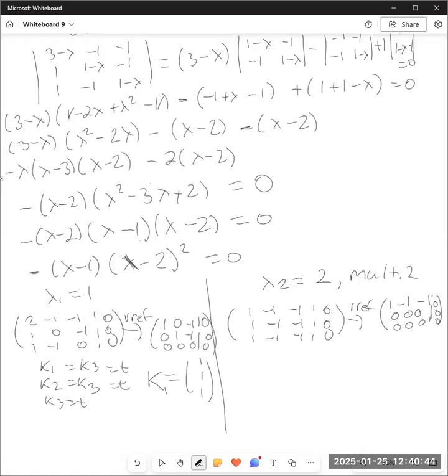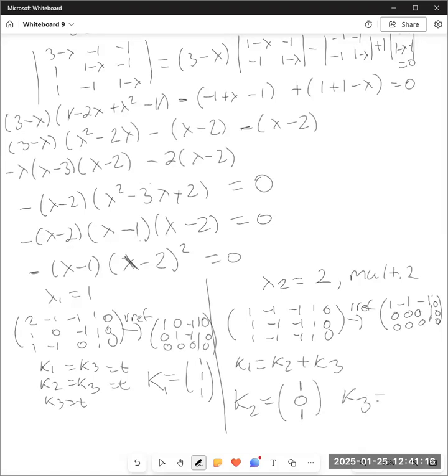So we have K1 equals K2 plus K3. And I'm just going to pick arbitrarily here that if I let K2 be 0 and K3 be 1, that makes K1 1.